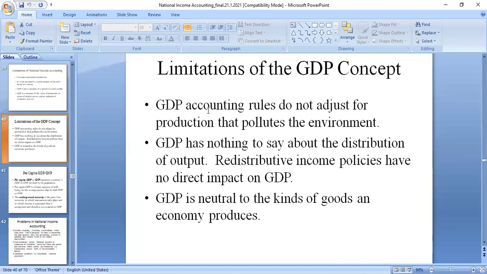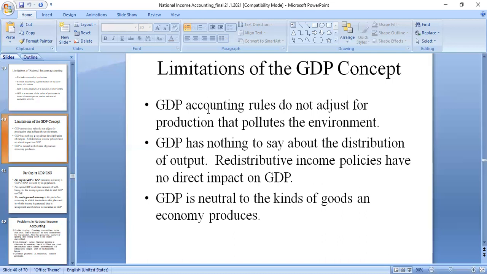And then it is also neutral to the kinds of goods that an economy produces. So you may find that an economy, what if an economy is only producing maybe manufactured goods? So it just looks at the general term, final value of goods and services.